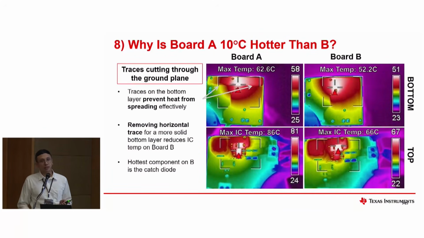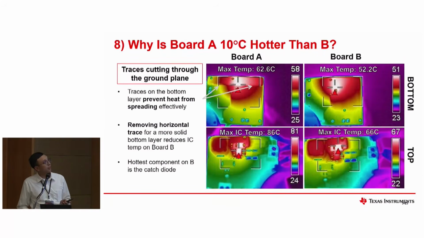Actually, if you look into the layout or the thermal, you could see that there's somewhat like a line here. It's somewhat limiting the thermals to properly dissipate compared to board B. This is mostly because of not really the heat pad, but because of traces that are going through the ground plane.